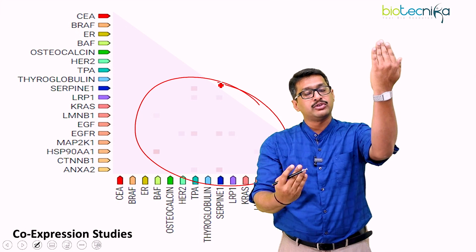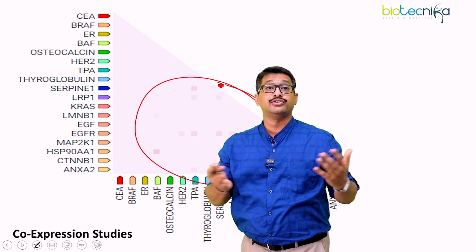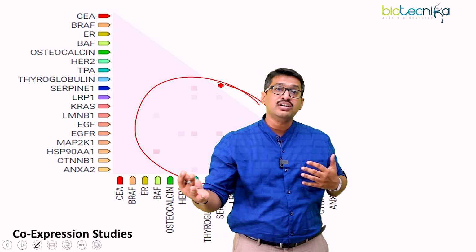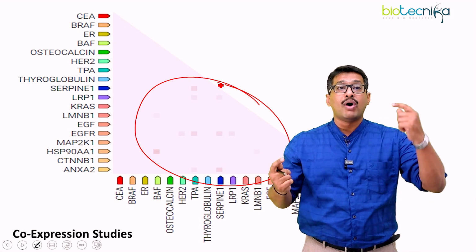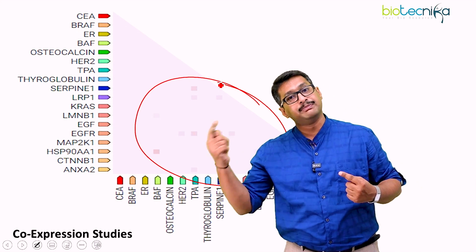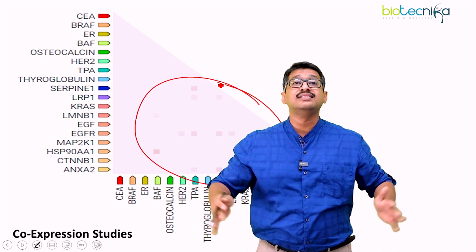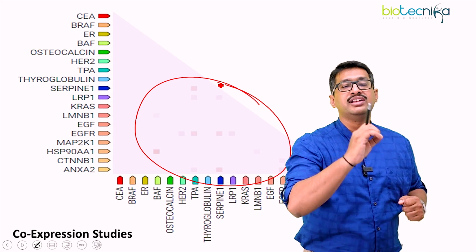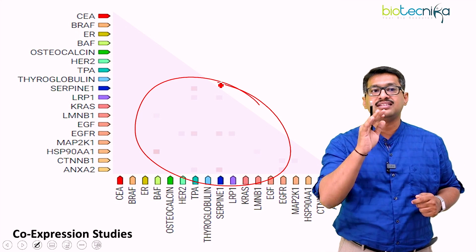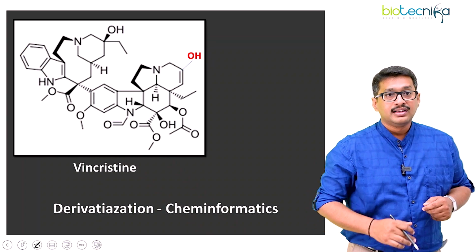The higher the expression, the lower would be the expression of another biomarker. So there is a direct or an indirect relation between the biomarkers. One promoter could be an inhibitor for something else, and another inhibitor could be a promoter for something else, and understanding this entire scenario becomes very, very important, and it is through this STRING database analysis that we can look into the co-expression of the target selected.